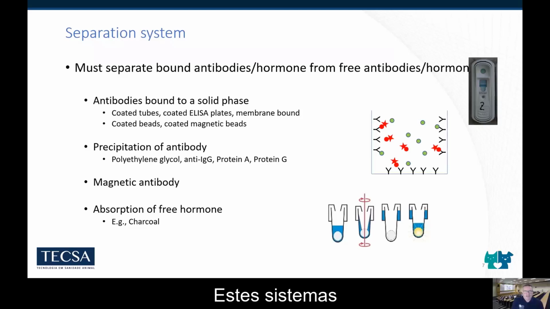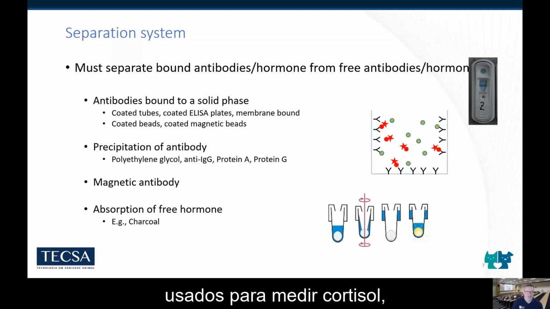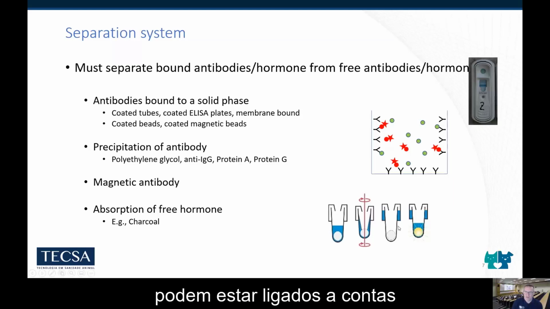These separation systems can be a variety of different approaches. I think most of the ones that you will come across in commercial immunoassays used to measure cortisol are where the antibodies are somehow bound to something. So they might be, for example, bound to the wall of a reaction tube. They might be bound to a magnetic bead in a reaction vessel.